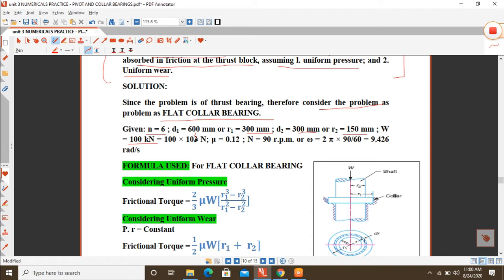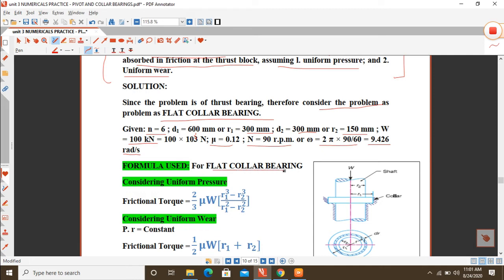It is not 100, it is 100 kilonewton. So 100 into 10 raised to the power 3, that is 1 lakh newton. Mu is 0.12, that is coefficient of friction. RPM is 90 rpm, so converted into radian per second, 2 pi n by 60, n is 90. So put the value, we get 9.426 radian per second.